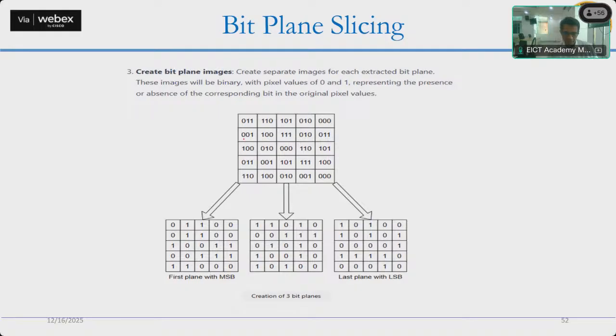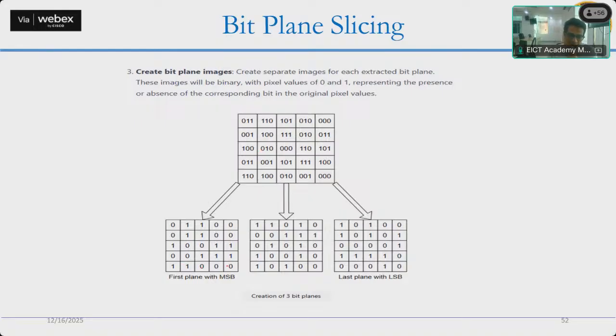This is another 0, 1, 0, 1. So 0, 0, 1, 0, 1. You are taking the most significant bit. In this column you are again taking the MSB only: 1, 1, 0, 0, 1. Are you able to follow?